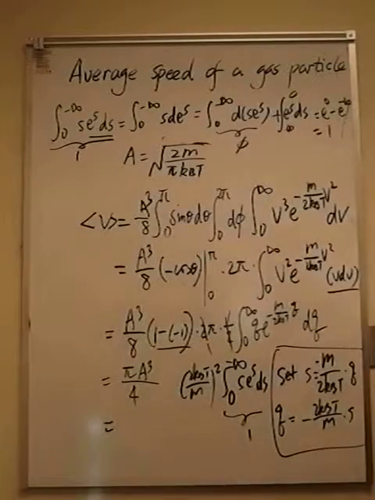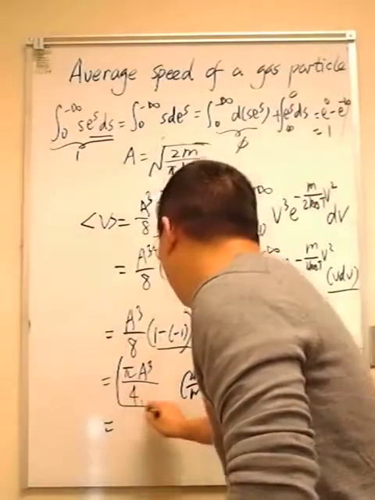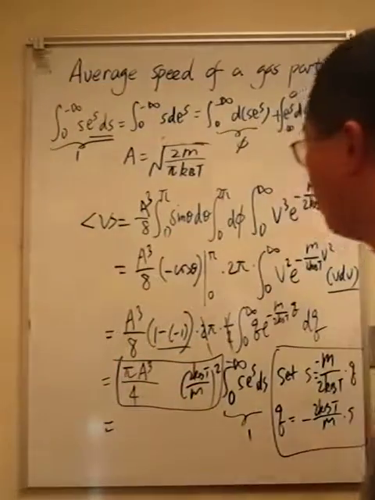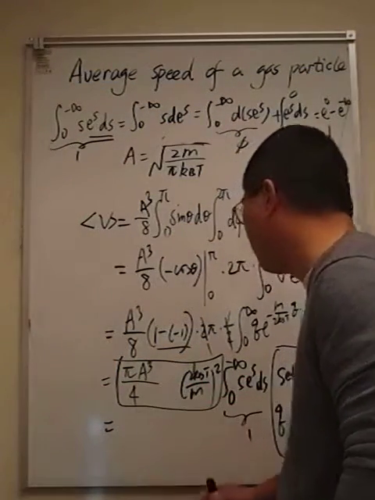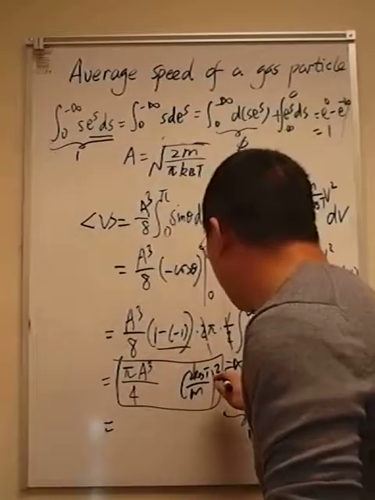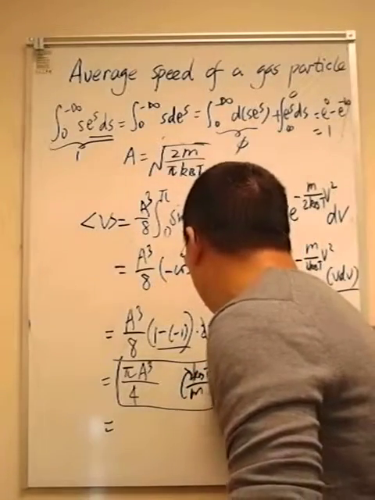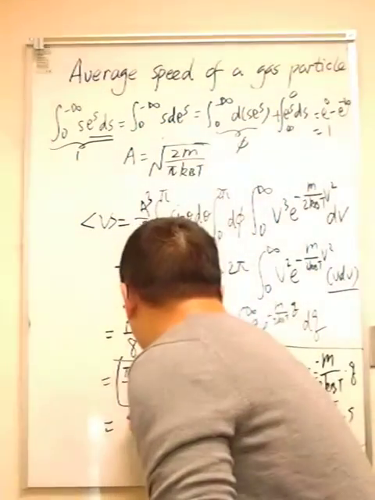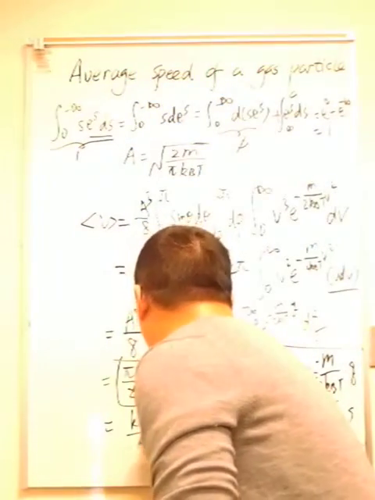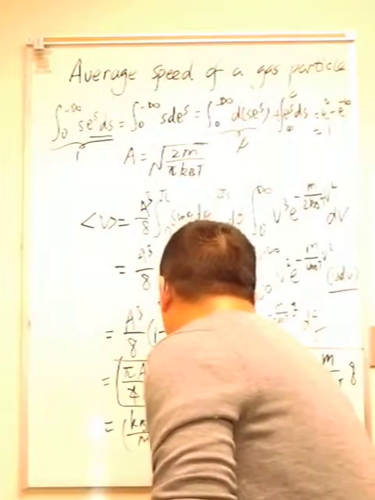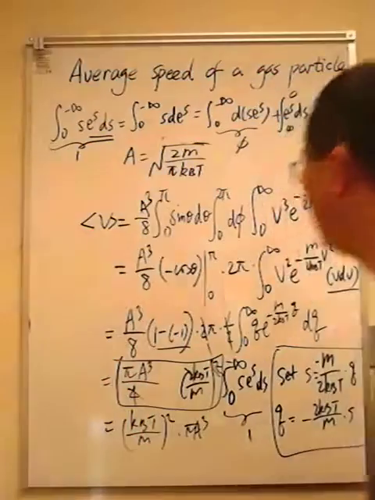So in the end, it's going to be just simple algebra. We just need to multiply this term and this term together. And we have 2 squared here, right? So it's going to be kBT over m squared times pi a to the power of 3.